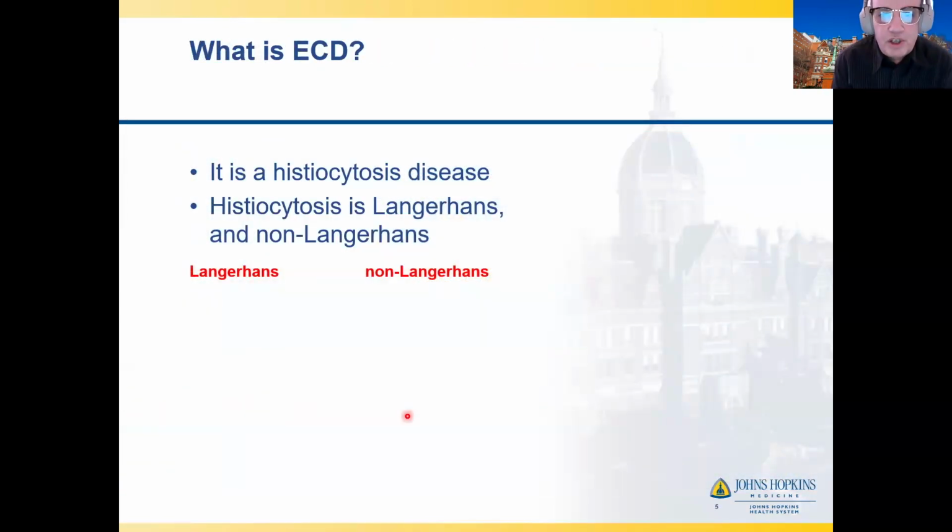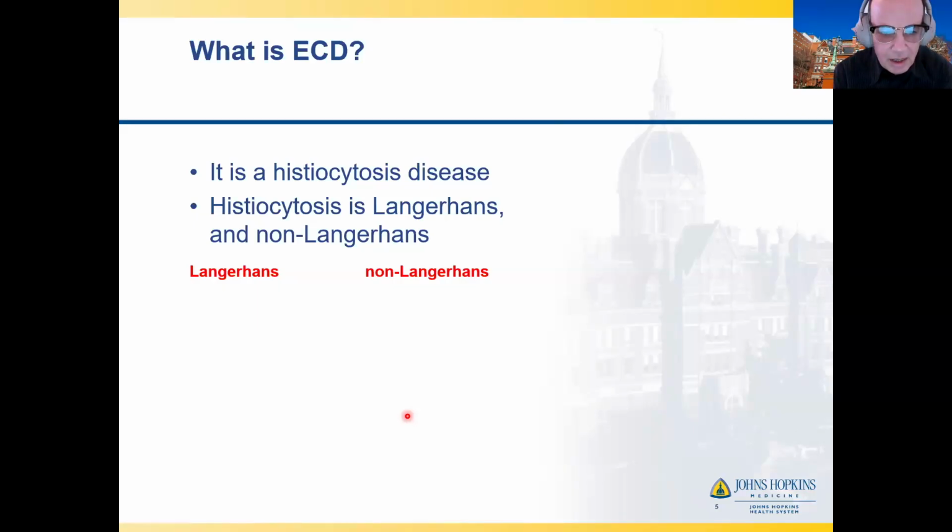So the first question we usually ask, what is ECD? And Erdheim-Chester, and I know that you probably heard a lot of webinars about Erdheim-Chester, is a histiocytosis disease, and histiocytes basically originate from the white blood cells.